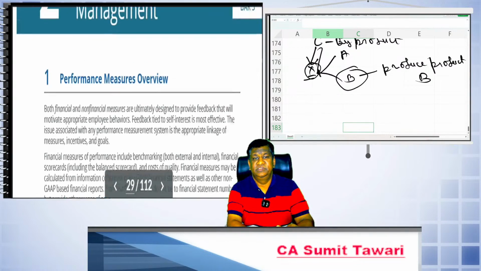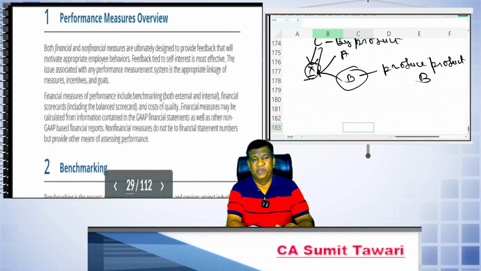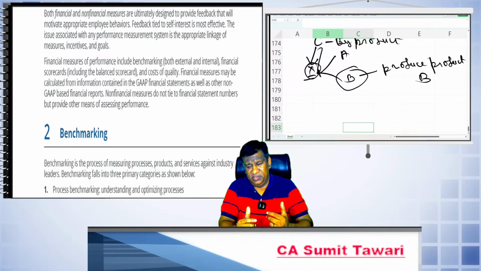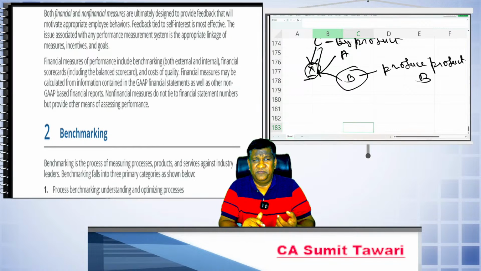Performance management is basically whenever we check what we did in comparison to predetermined ratios or predetermined KPIs. These are the performance measurements. Whatever the financial measure may be, it could be quantitative as well as qualitative.